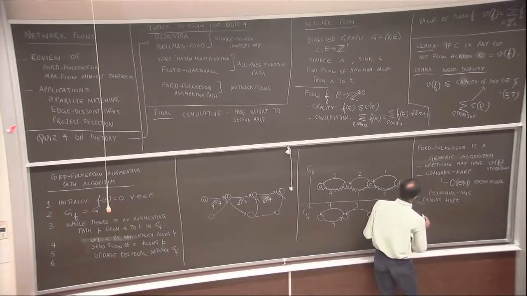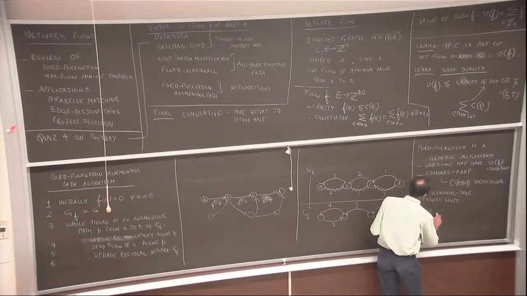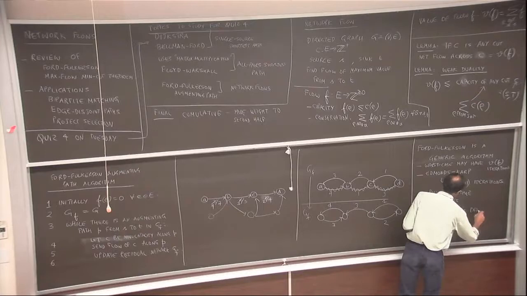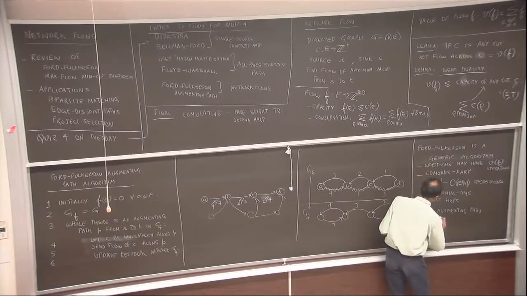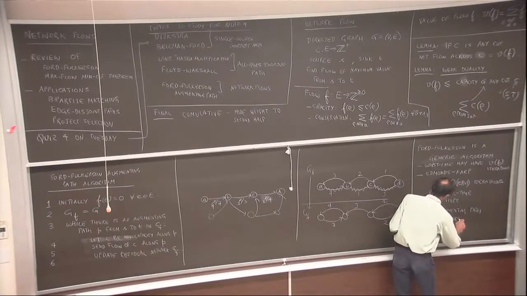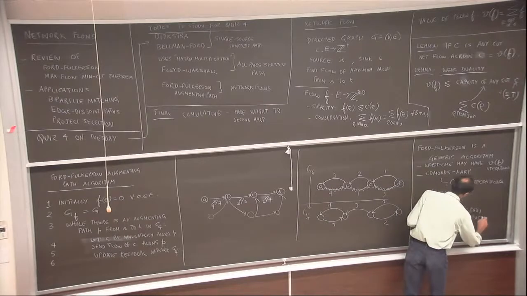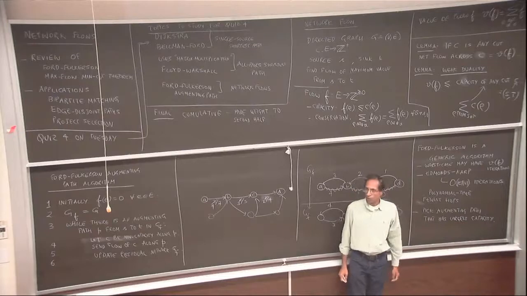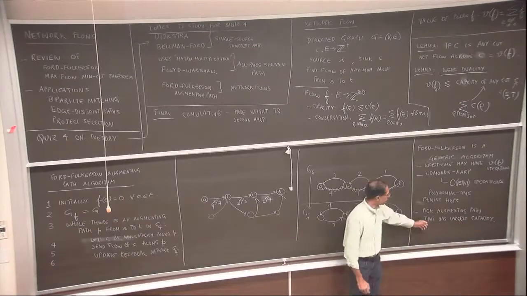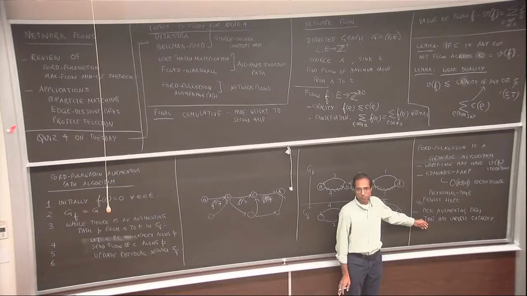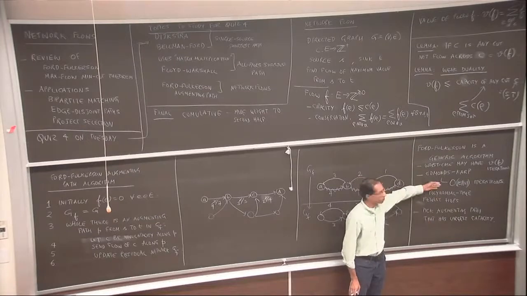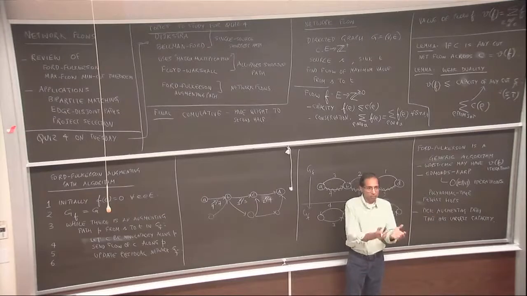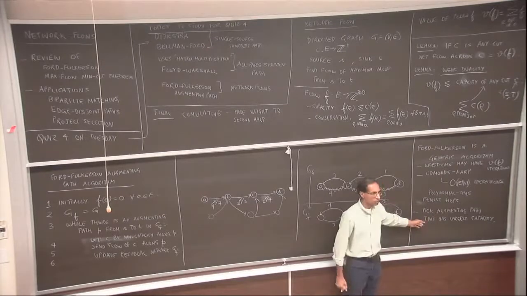You could also say, instead of that, pick the augmenting path that has the largest capacity. That is also a good algorithm. This will also complete in some time like this. Intuitively, it makes sense that you always try to push as much flow as you possibly can. That's what this tries to do.